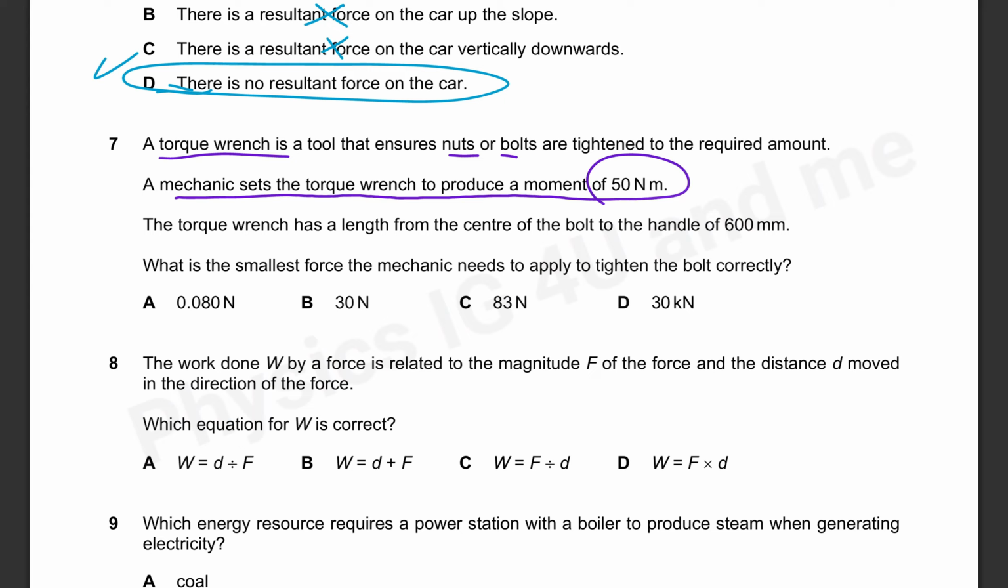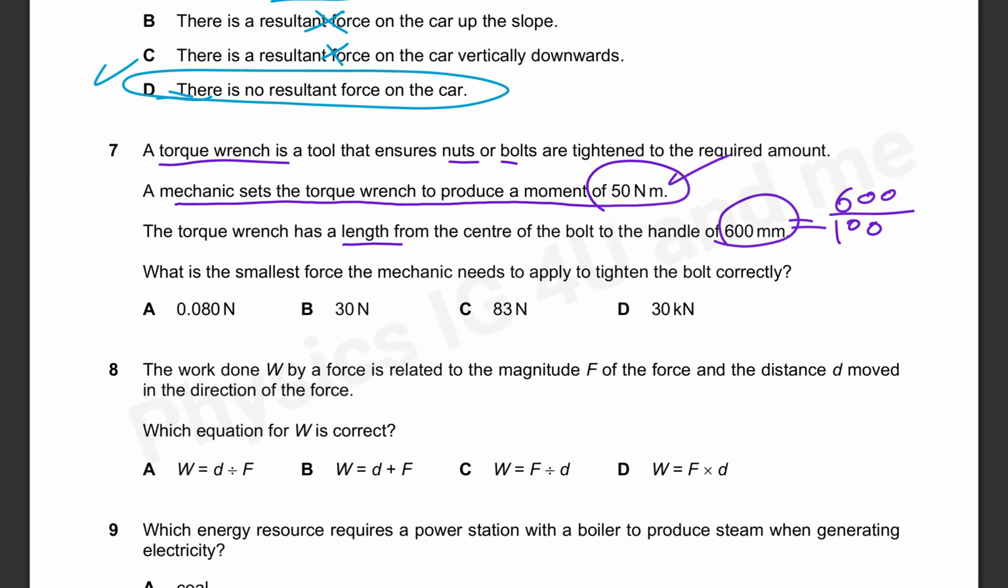The torque wrench has a length from the center of the bolt to the handle of 600 millimeter. Pay attention here, I have it in meter, so this one should be changed. It's going to be 600 over 1000 to change from millimeter to meter, which is 0.6 meters, right?